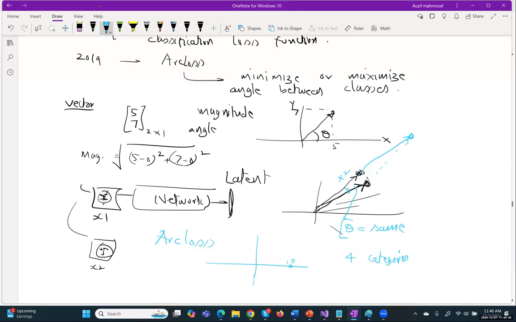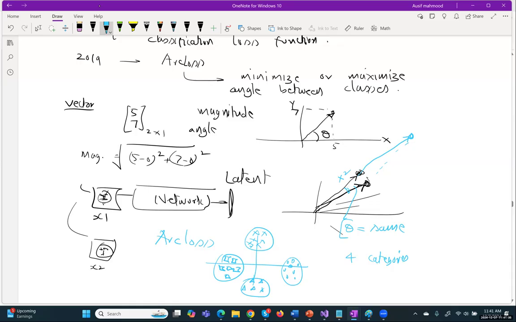Suppose here's one category. Where will you create the second category's cluster ideally? Farther away. Since there are 4 categories, you might say, let's put the other categories over here, here, and here.